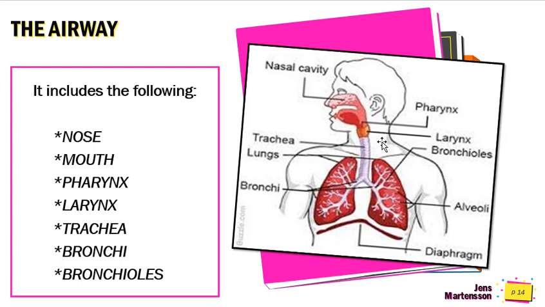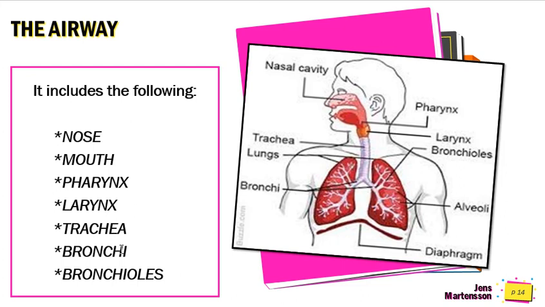Then we have the trachea, the tube connecting to the nostril. Take note that in our body, aside from the trachea, there is also another tube, the esophagus, which is connected to our stomach. The esophagus is the passageway of food, so it is connected to the stomach, while the trachea is connected to the lungs.